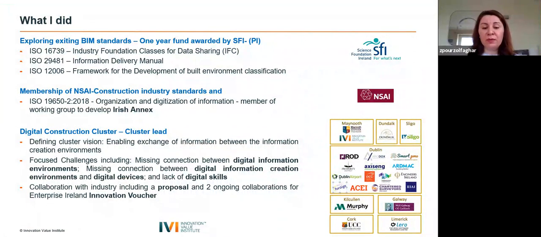And also at the moment, we have 2 ongoing collaborations with 2 industry partners to apply for Enterprise Ireland Innovation Vouchers. The topic that we have defined for these 2 collaborations is mostly about the information exchange standards. And these are the things that I've been doing over the last 5 years.